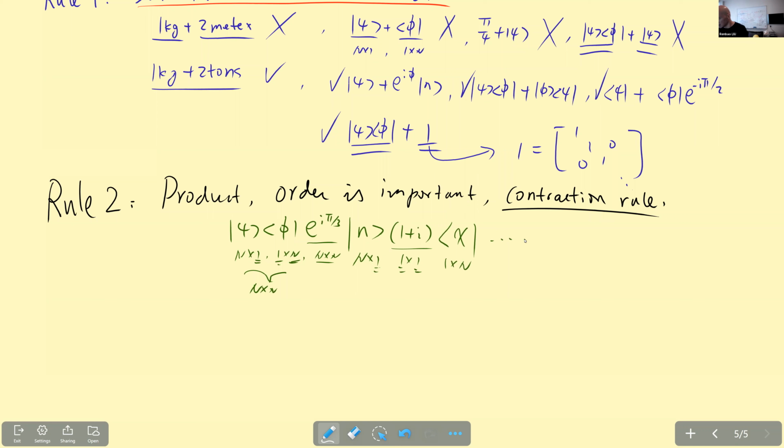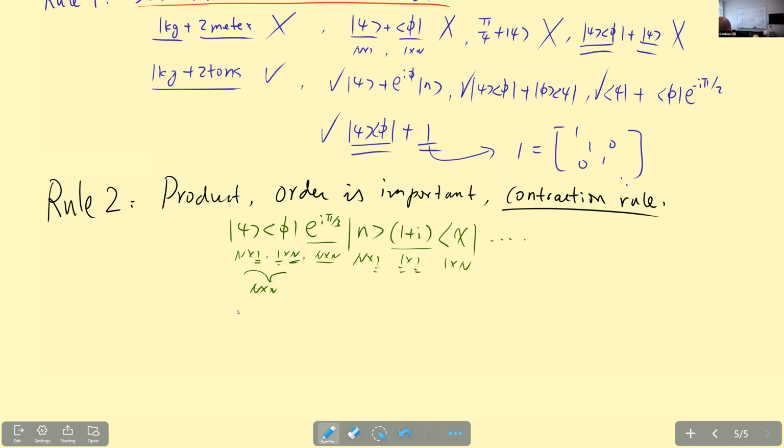So this is just a matrix product. The first one is n times 1, and then the next one must be 1 times something, right? It cannot be n times something.